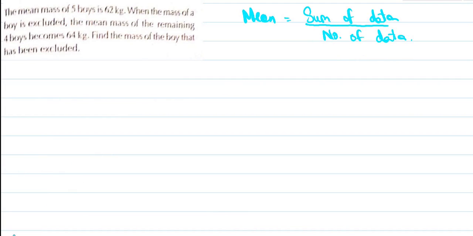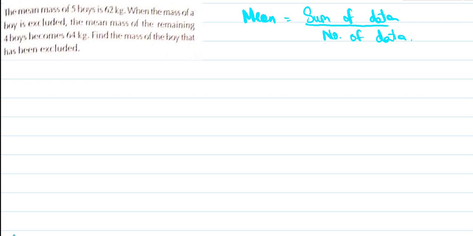Now let's move on to another difficult question. The question says the mean mass of 5 boys is 62 kg. When the mass of a boy is excluded, the mean mass of the remaining 4 boys becomes 64 kg. Find the mass of the boy that has been excluded. Now in the first case you had 5 boys and the mean of those 5 boys was 62 kg.